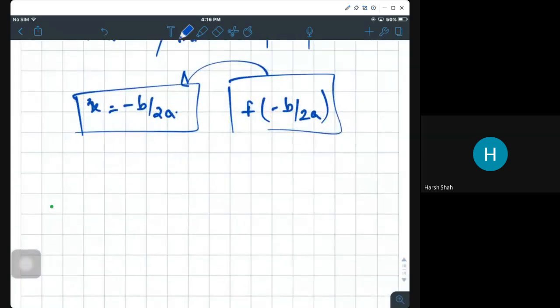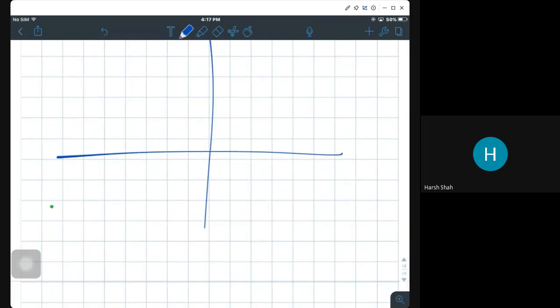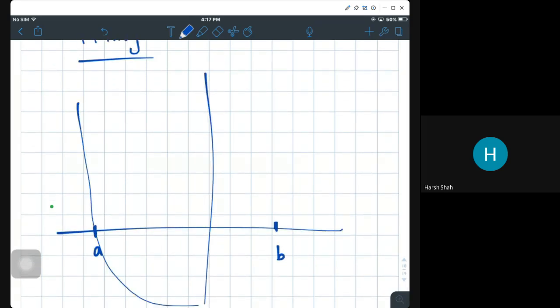Only one thing left is plotting. How do we plot? If you have x-axis, y-axis like this, let's say this is your first root, this is your second root. You just plot it like this.